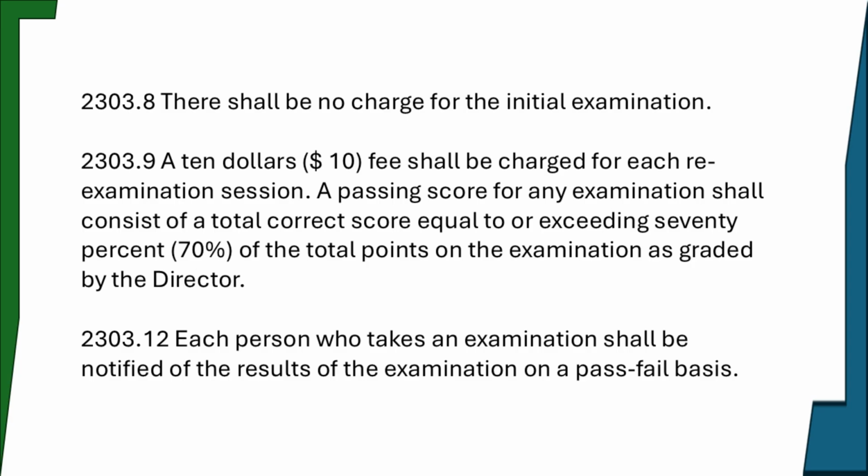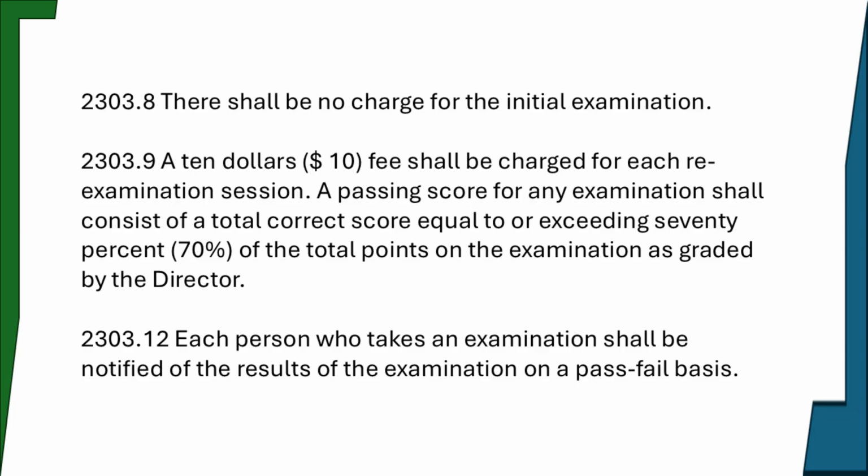There shall be no charge for the initial examination. 2303.9. A $10 fee shall be charged for each re-examination session. A passing score for any examination shall consist of a total correct score equal to or exceeding 70% of the total points on the examination as graded by the director.